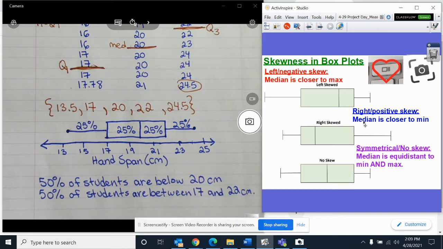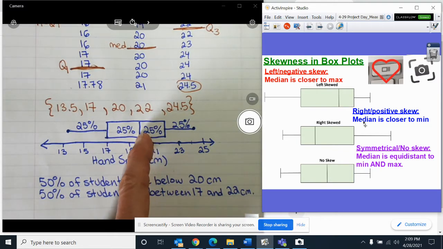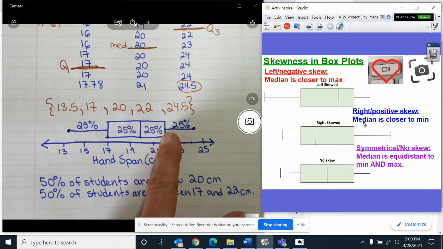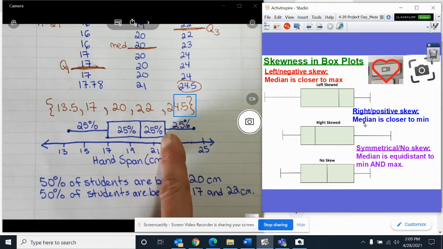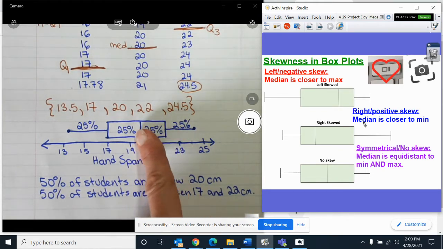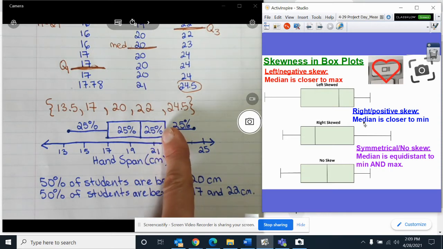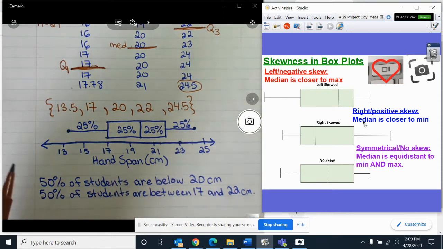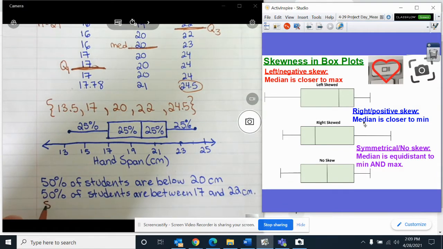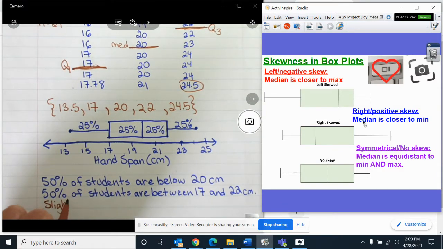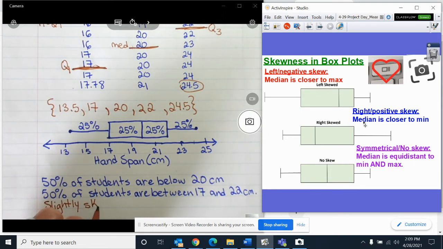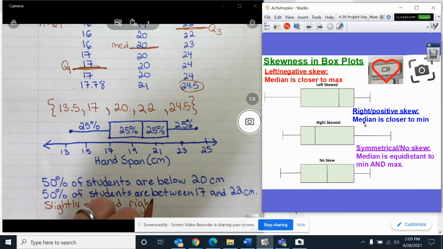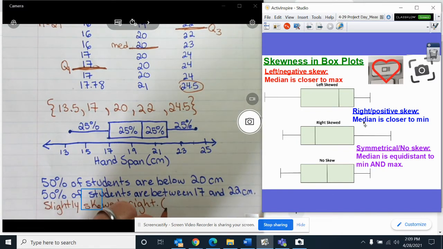But notice that the median is just slightly closer to the right. It's just a little bit closer over here. So we could say this is slightly skewed right or skewed positive.